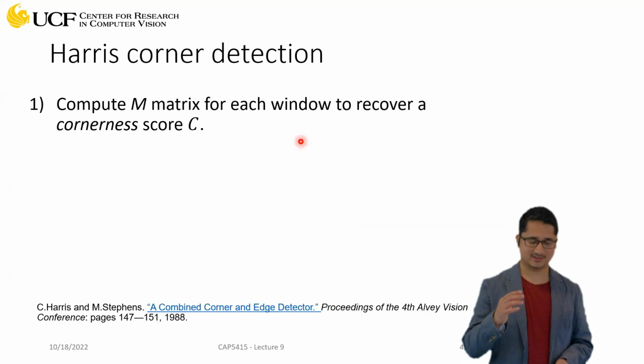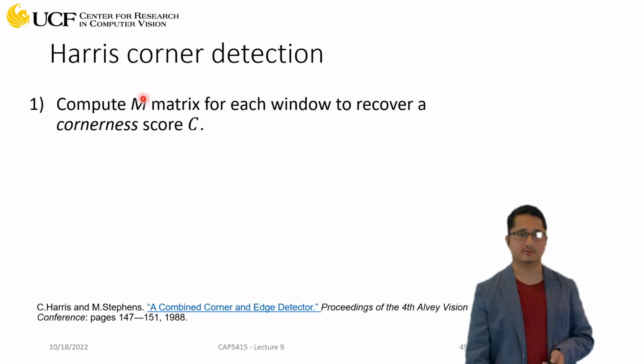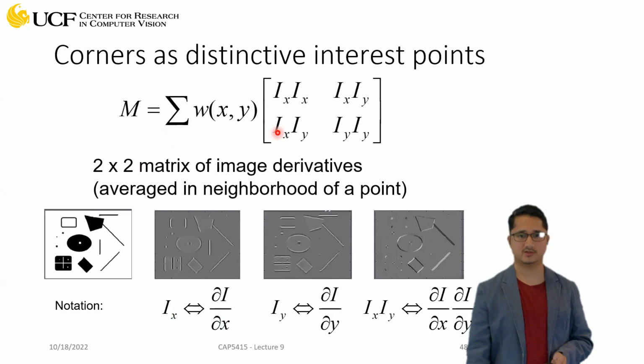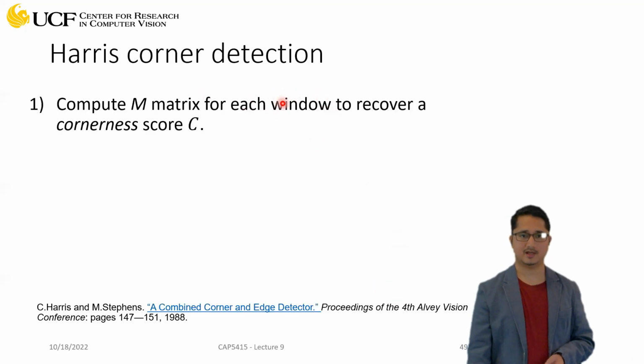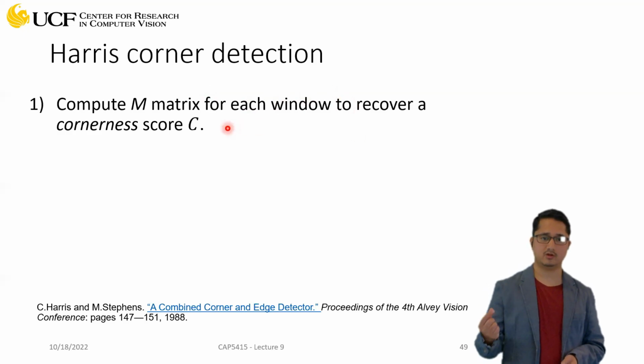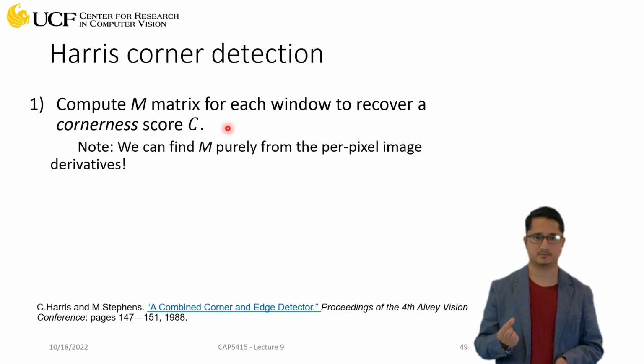Okay, so this is the corner algorithm. As I said, I think it's the most complex algorithm in the whole course. The first step is you compute the M matrix. You know what the components are and how all these steps are computed. Once you have that, you compute a cornerness score for each pixel location.